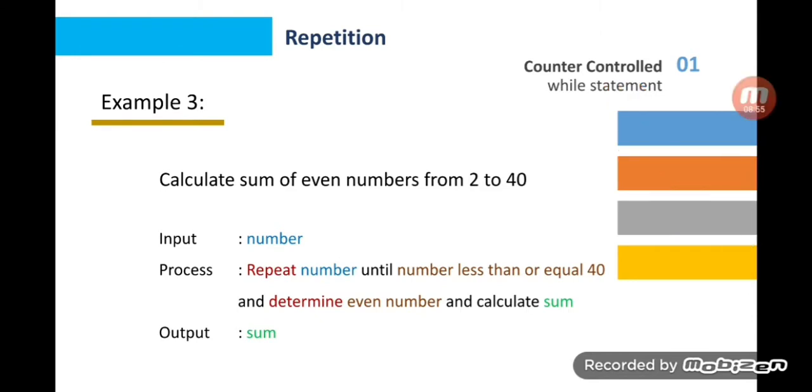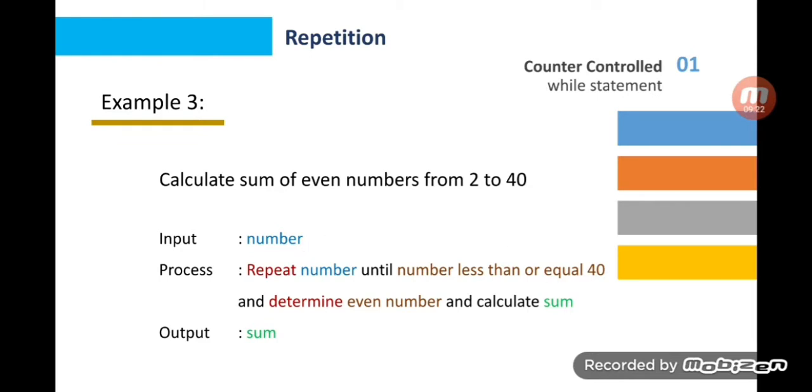Okay, for this example, actually dia punya proses tu we need to specify starting number dia lah. Sebab dekat sini from number 2 to 40. So later in pseudocode we need to state the initial number counter dia, from 2 to 40.